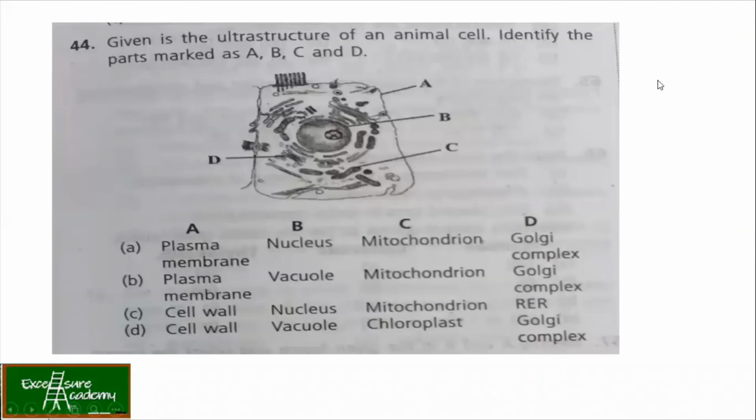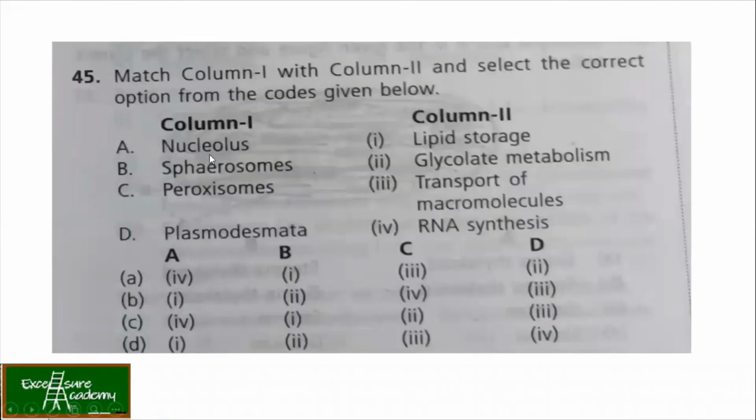Last question of this series. Again, we need to match. Column 1 gives nucleolus, spherosomes, peroxisomes, and plasmodesmata, and column 2 gives lipid storage, glycolate metabolism, transport of macromolecules, and RNA synthesis. The nucleolus, not the nucleus, is for RNA synthesis.